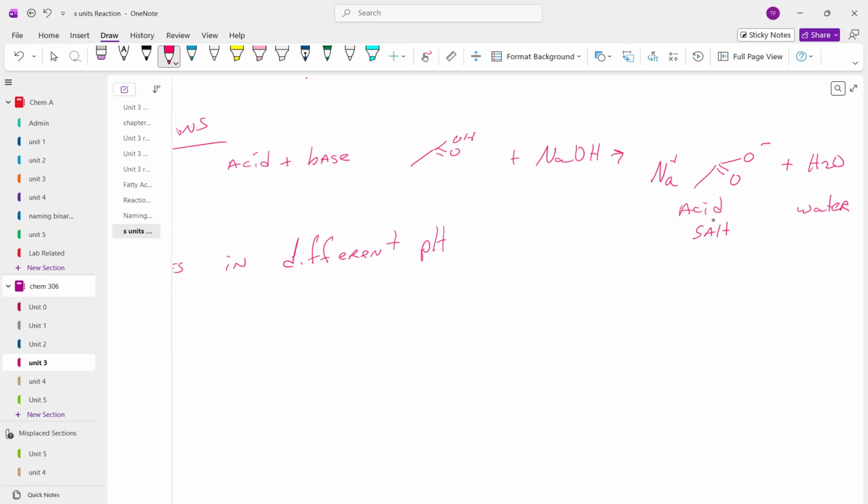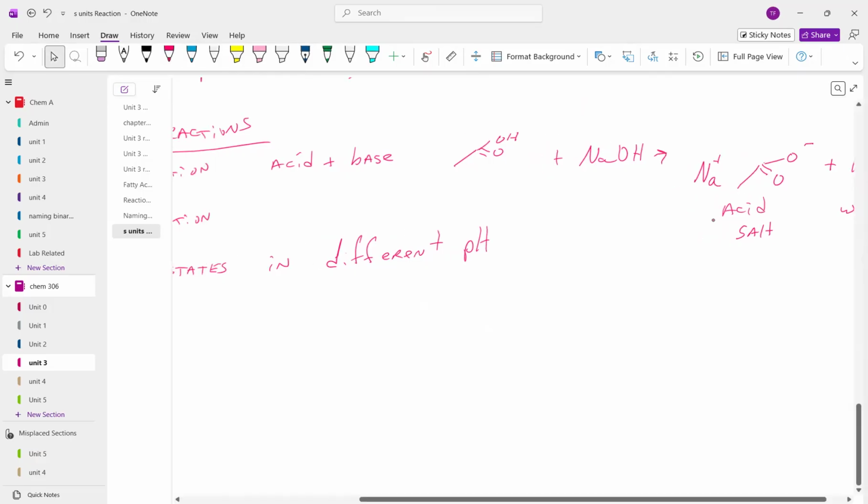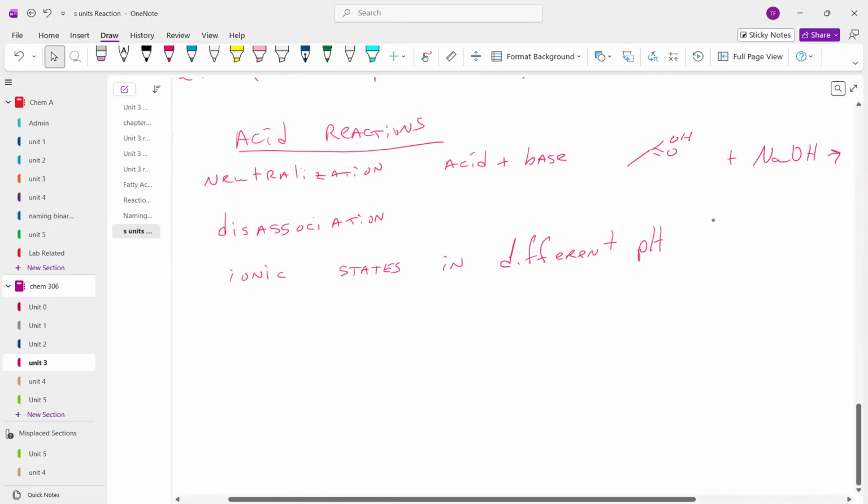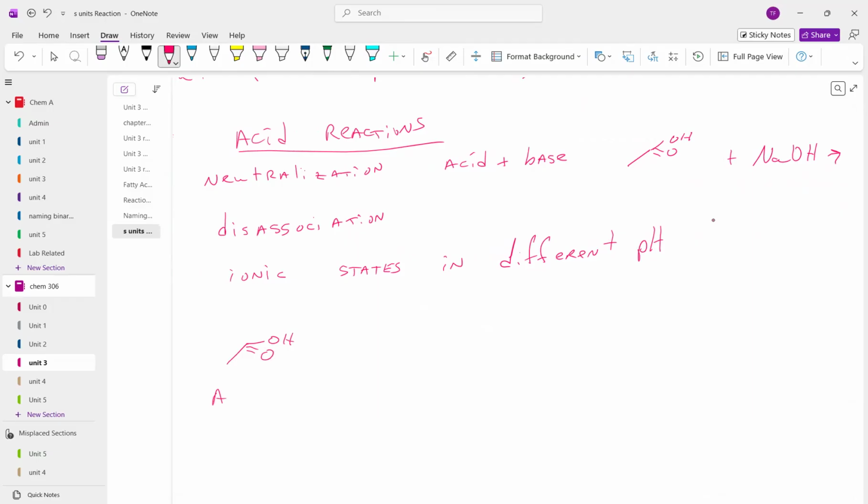Okay, already talked about the different ionic states in different pHs. Dissociation, we take acetic acid again. The IUPAC name for acetic acid is ethanoic acid.